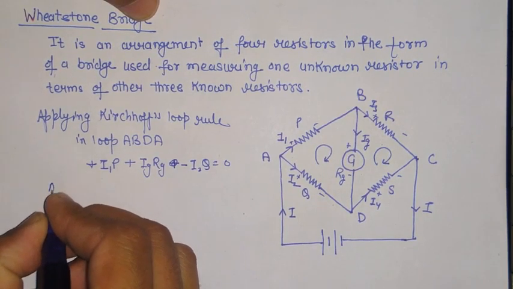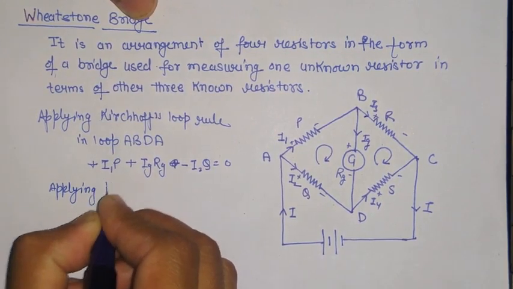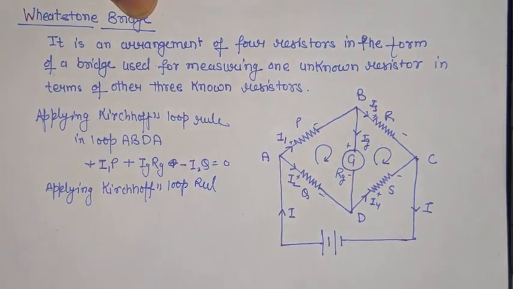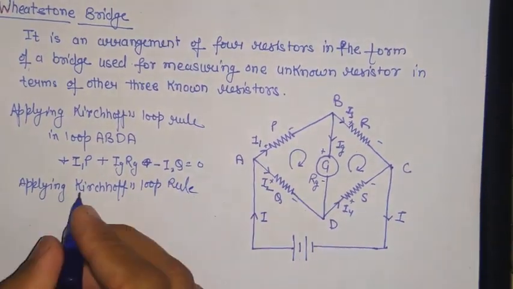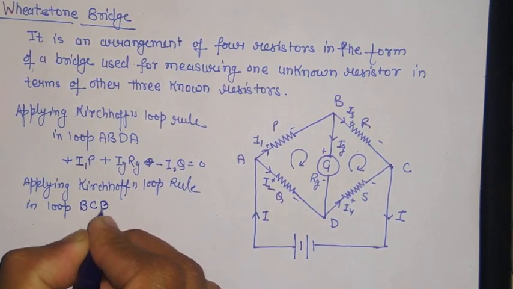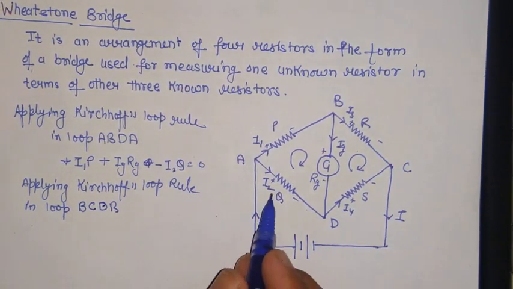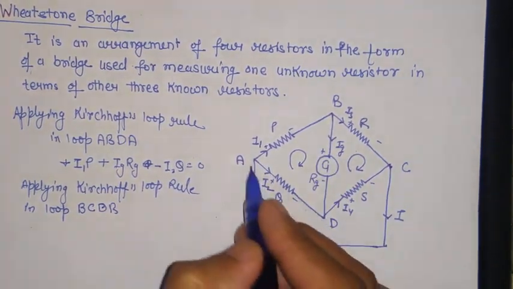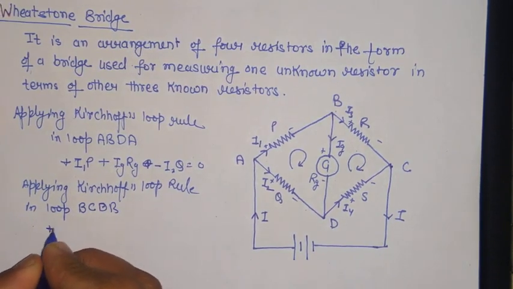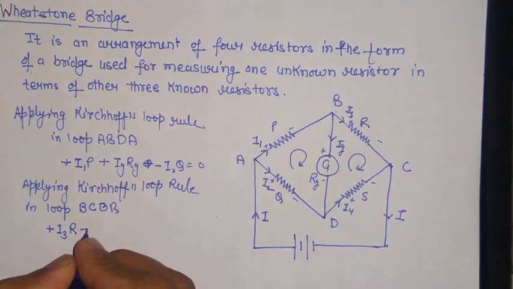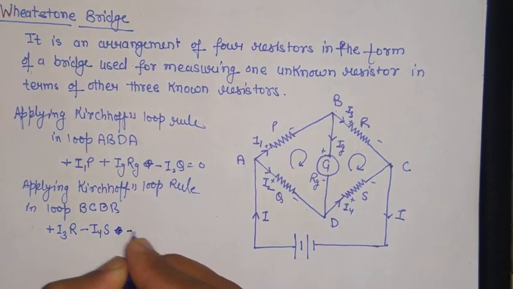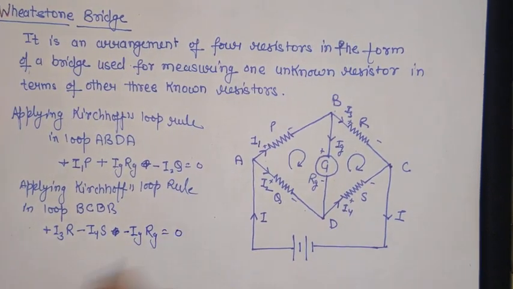Now applying Kirchhoff's loop rule in loop B, C, D, B. We can take any loop, but here we have taken loop A, B, D, A, then another loop is B, C, D, B. Going from B to C, we get plus I3R, then C to D minus I4S, then minus Ig Rg equal to 0.